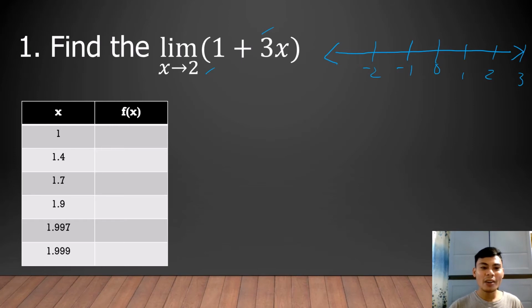So from the left. What are the values from the left? This is 2. So from the left of 2, these are the values. What values can you write here?